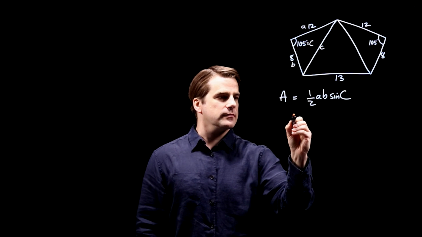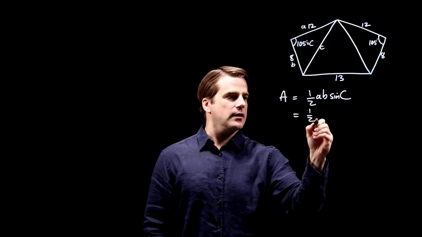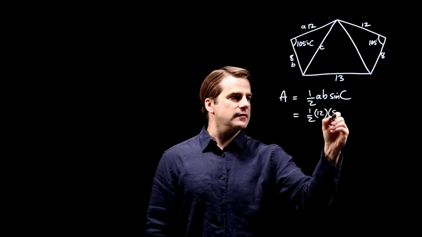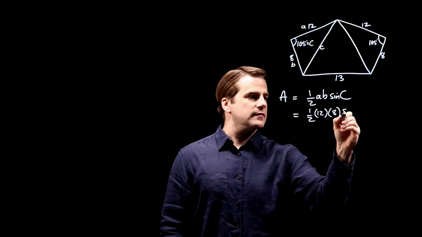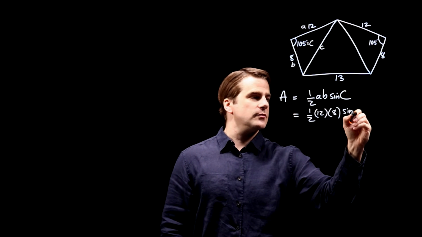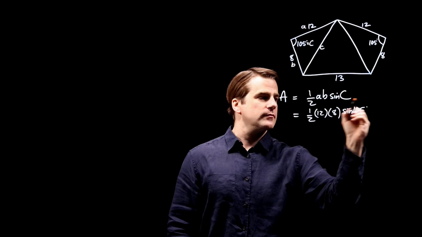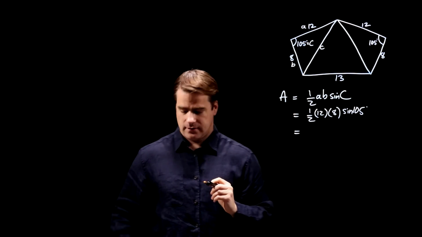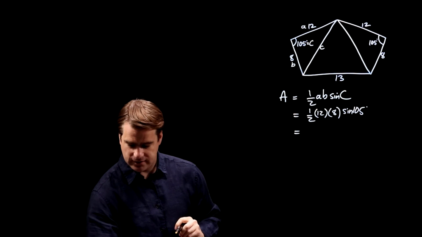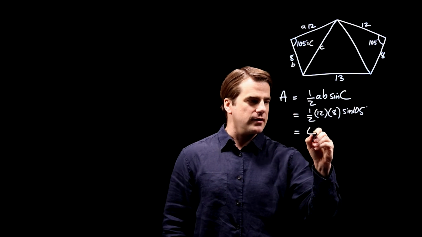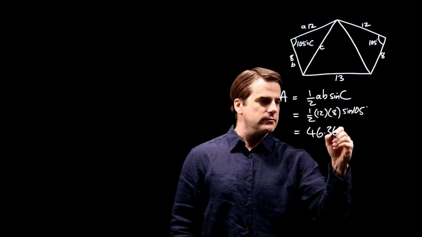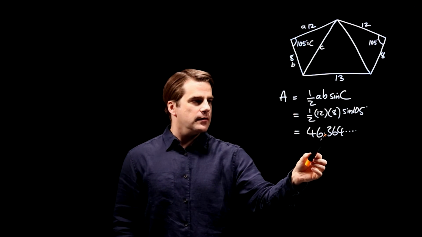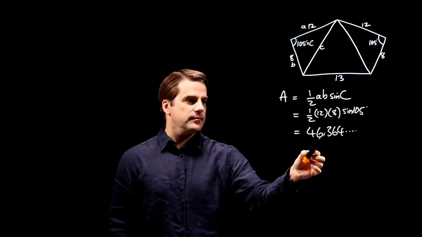So that's half times a is 12 times b is 8 times sine of the angle, 105. Just stick that in your calculator and you get 46.364 something. Put that in your calculator's memory.